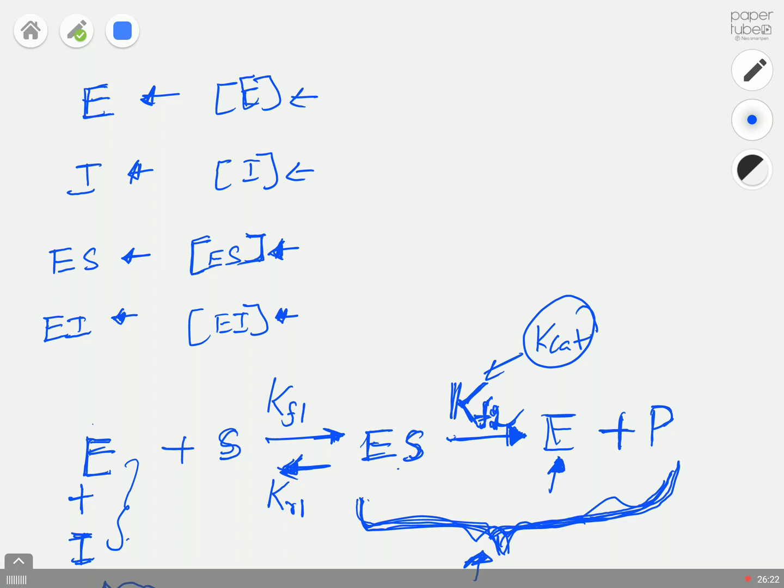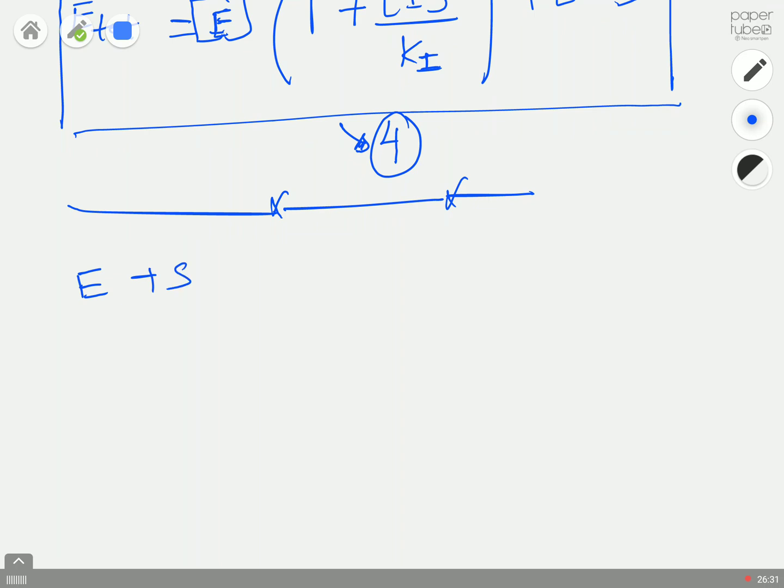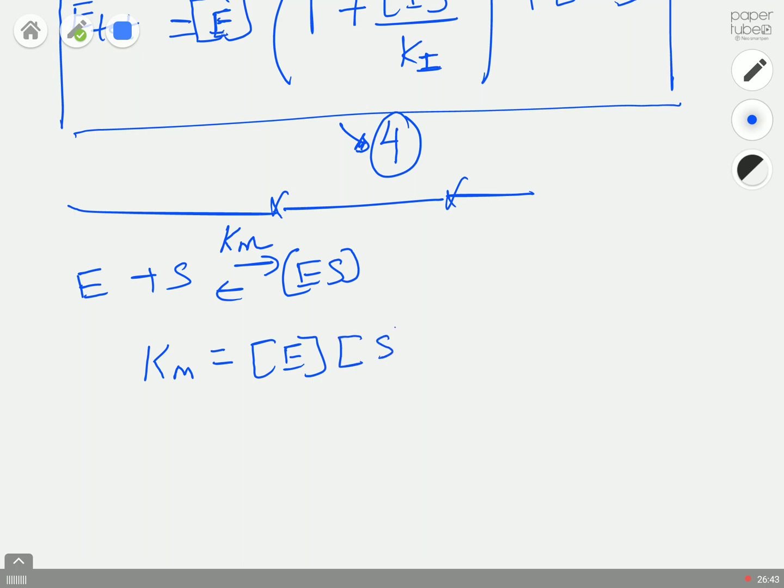So if you remember the derivation of the Michaelis-Menten expression, we know if we have enzyme plus substrate giving enzyme substrate complex, let's assume the equilibrium constant is Km. In this case, Km will be equal to, again the same, enzyme multiplied by your substrate concentration divided by your enzyme substrate concentration.